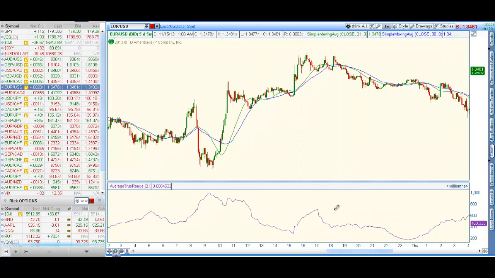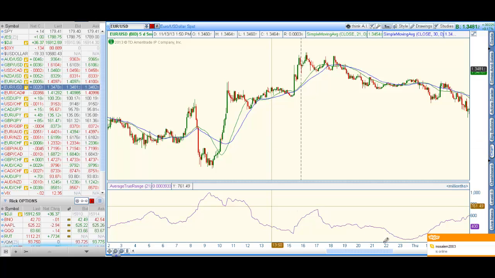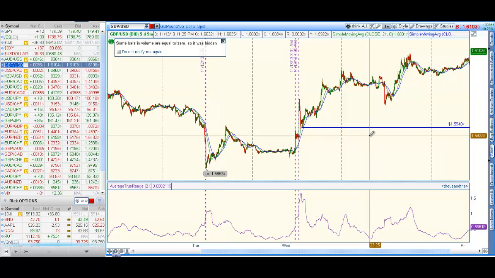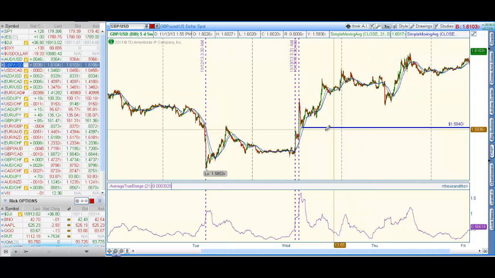Let's go find this actual time. We're going to go to the pound dollar. And regardless of which one you took when you were trading this, whether you took the pound dollar, the euro pound, the pound yen, when you followed this trade plan, we're going to zoom in on this.